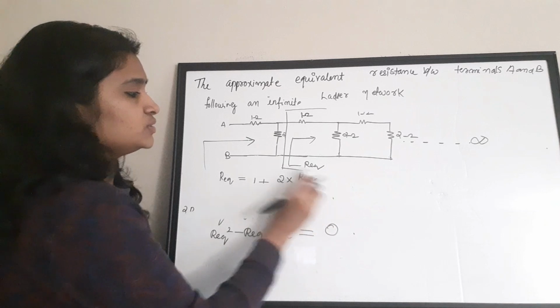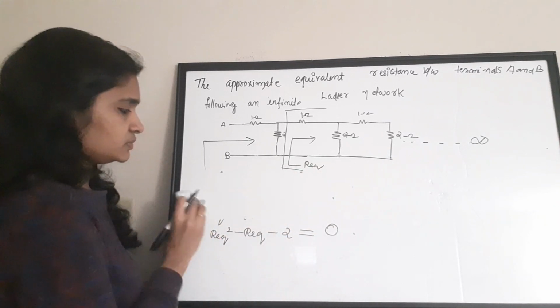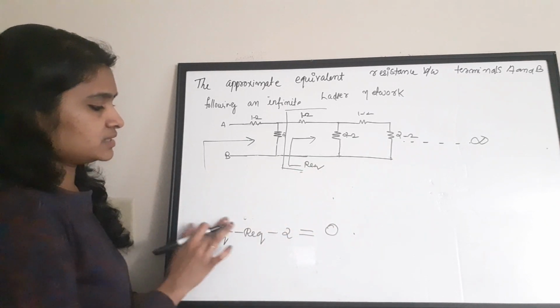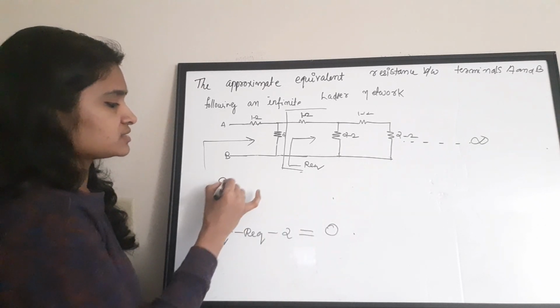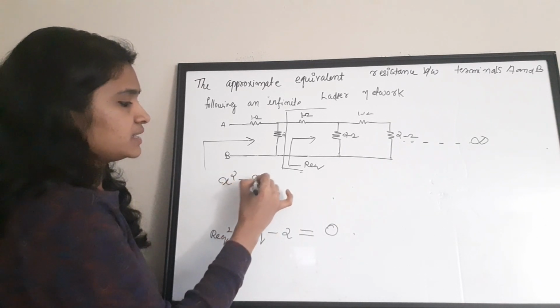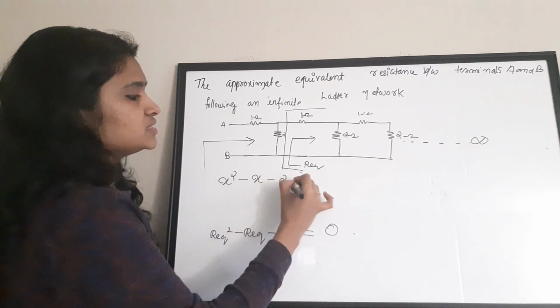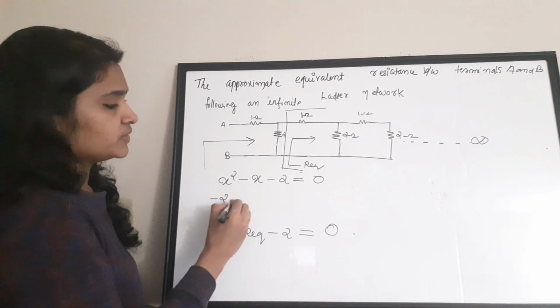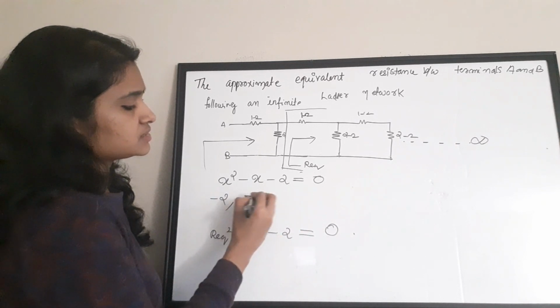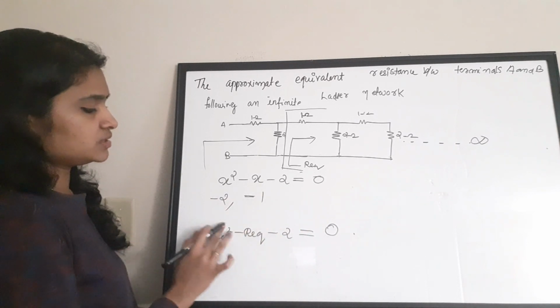I'm going to find the solution. Okay. So rather than writing Req, I'll write it in the form of x. x square minus x minus 2 is equal to 0. So the product is minus 2 and the sum is minus 1. So what are the two numbers?